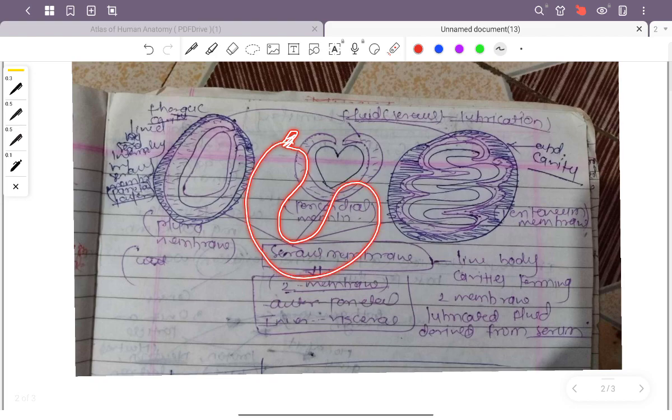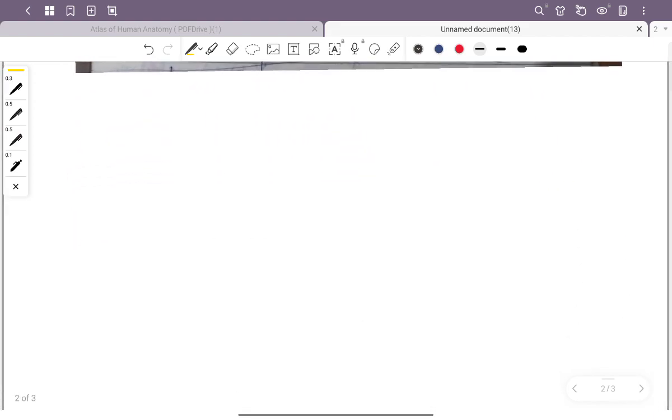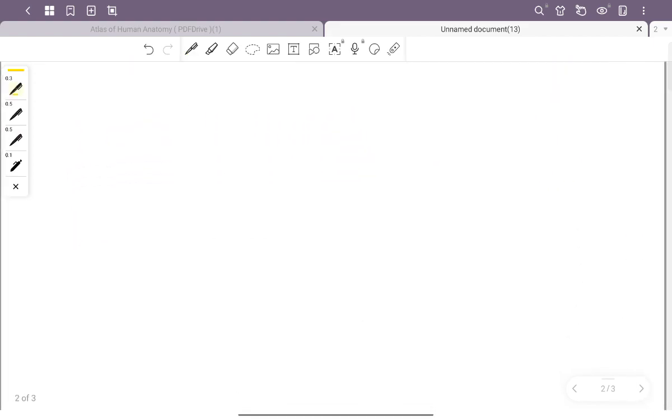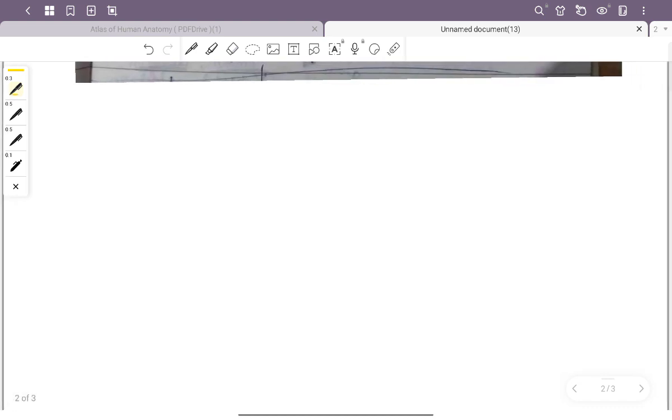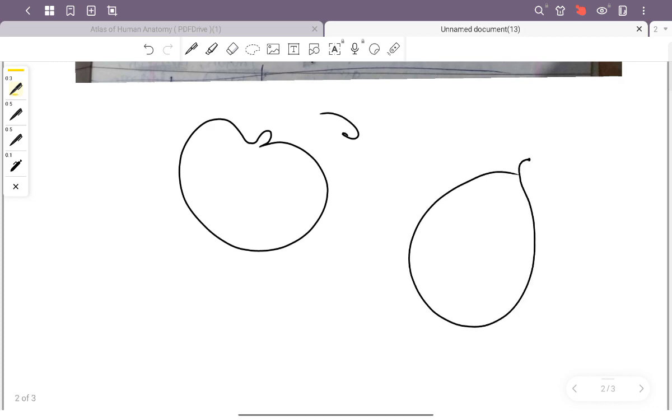Let me draw it again. We have an apple, and we have a balloon.